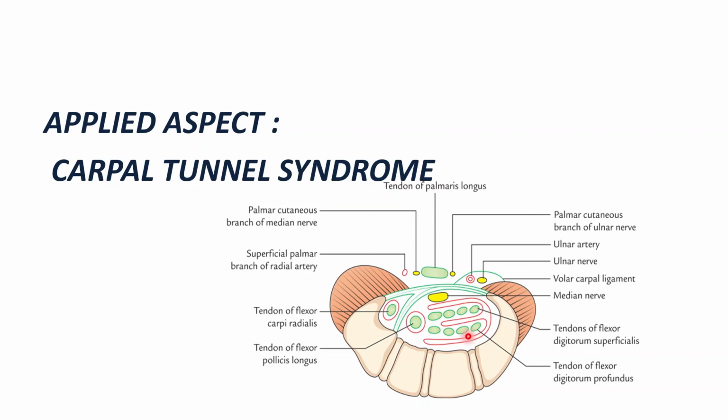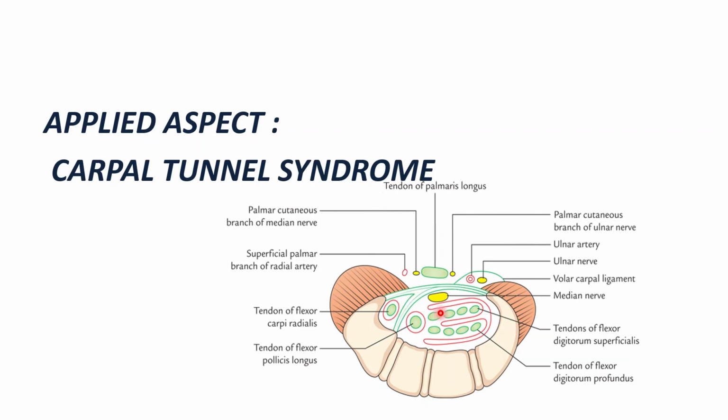So this is called carpal tunnel syndrome, which is manifested by the weakness and the wasting of the thenar muscles with the loss of the power of opposition, and also with the loss of the cutaneous sensation of the palmar surface involving the lateral 3.5 digits. So this is what is seen as a clinical manifestation of the carpal tunnel syndrome.